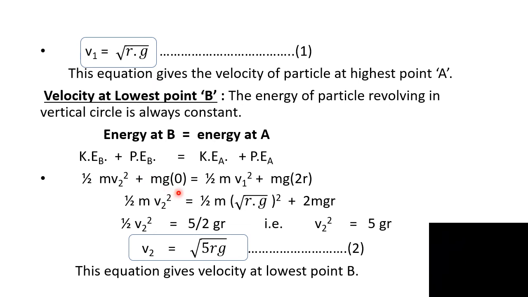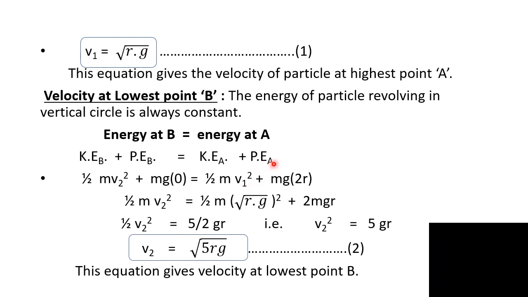At lowest point h is 0. Therefore, mg into 0 becomes 0, equal to the kinetic energy of the particle at point A, half mv1 square, where v1 is the velocity of the particle at highest point A.